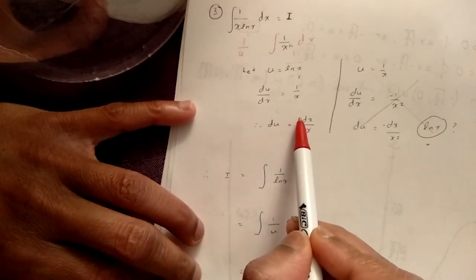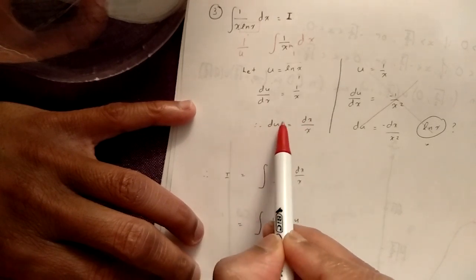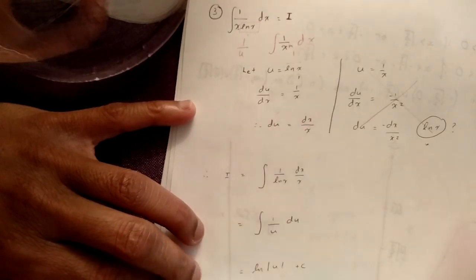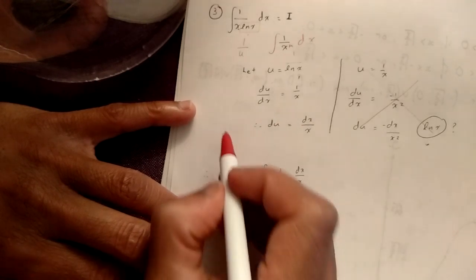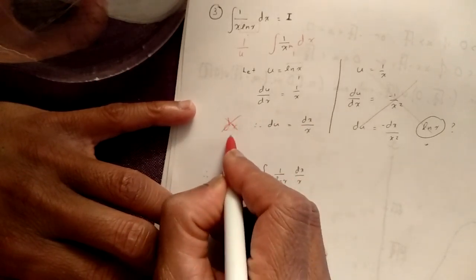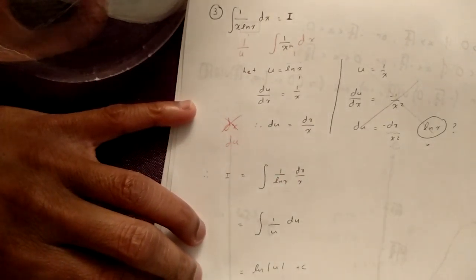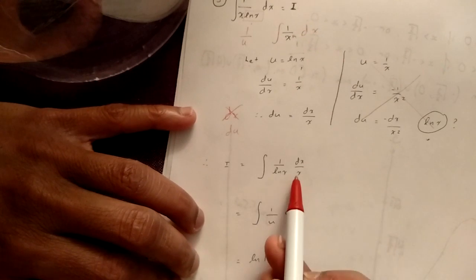The reason is, when you have dx divided by x, you can directly replace that one with du. Otherwise you cannot just cancel dx and write du instead of that.